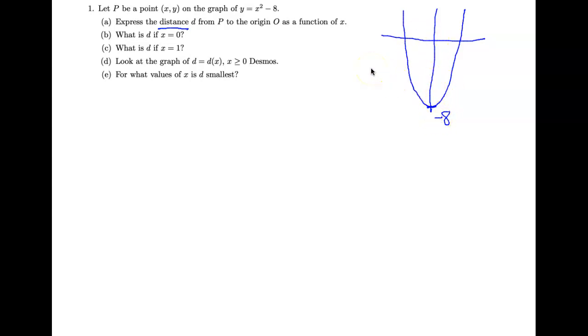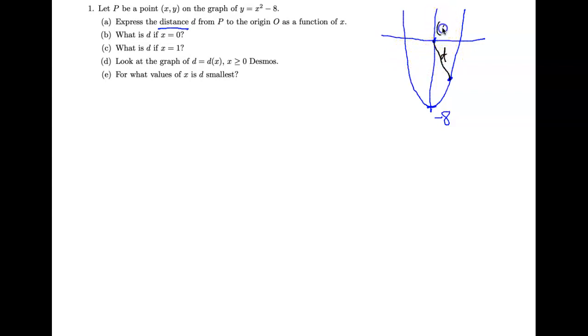What we want to be able to identify is, here's the origin, and here's some (x, y). And what we're doing is we're finding this distance. And this is what we're calling d.